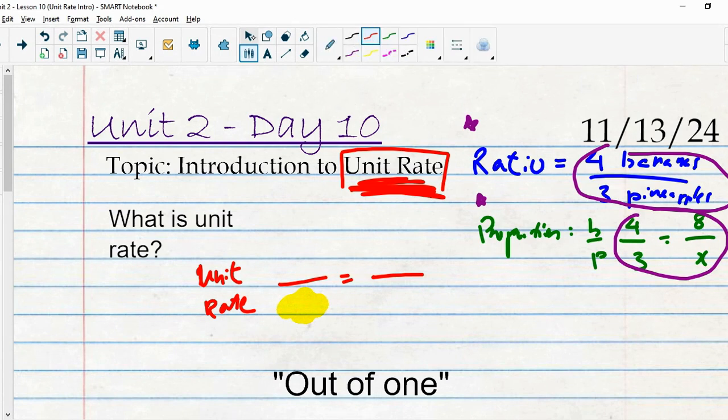Let me move this yellow cloud here. One of the numbers down here has to be 1. So two things are going on. One, it has to be at the bottom, the denominator of this ratio.